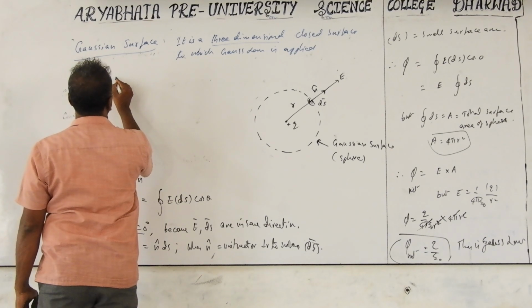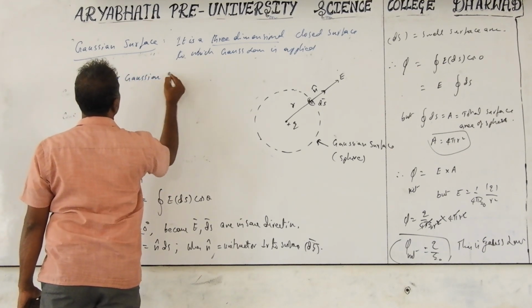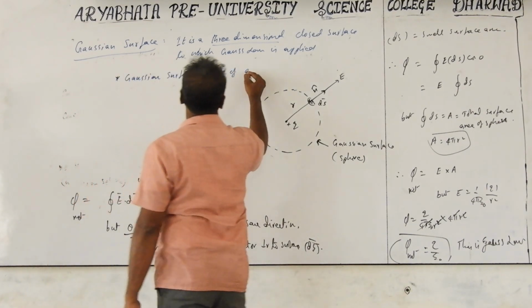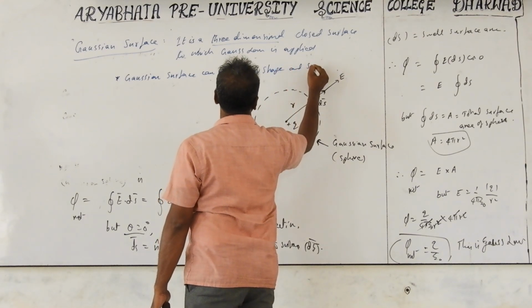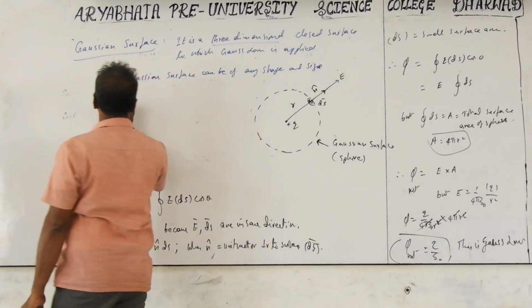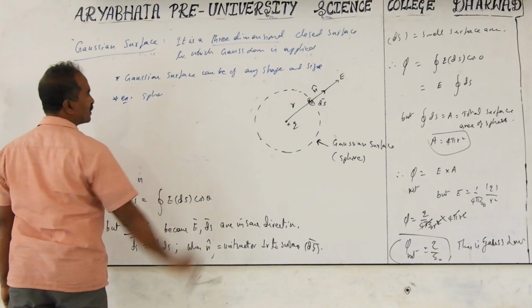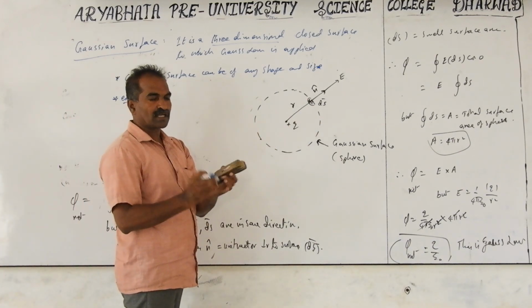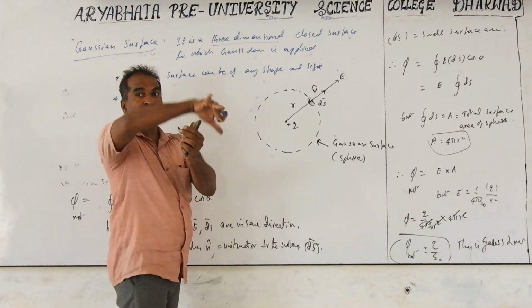Examples of the Gaussian surface. A Gaussian surface can be of any shape and size. Example: sphere. It need not be a really existing sphere, it can be an imaginary sphere. Just now I took an imaginary sphere. I take the charge here, and around it at distance r, I can construct an imaginary sphere. So this is going to be a Gaussian surface.